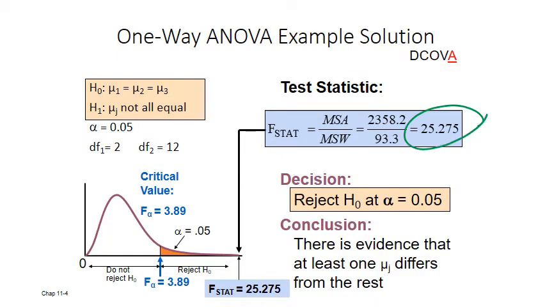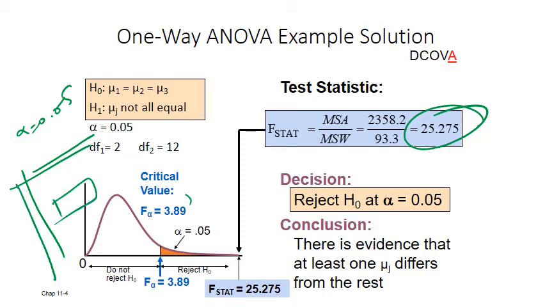Then we calculate the critical value like we did in the previous chapter. For alpha 0.05, you see which table corresponds to alpha 0.05. You will see the degrees of freedom here and here, and you can get F critical, which would be 3.89 in your case.